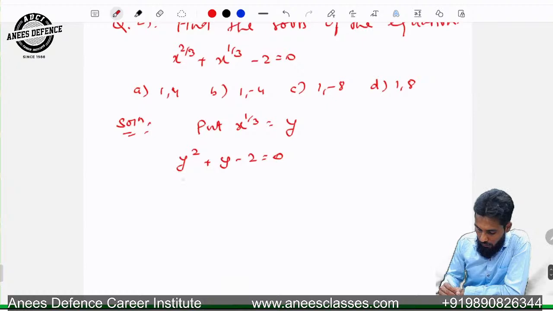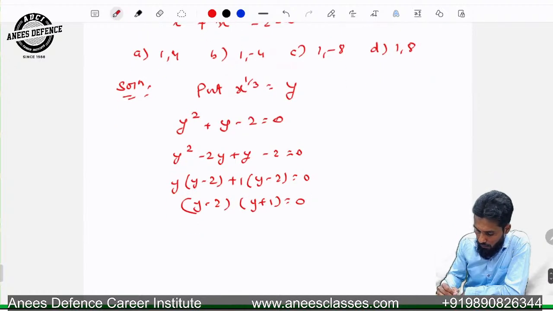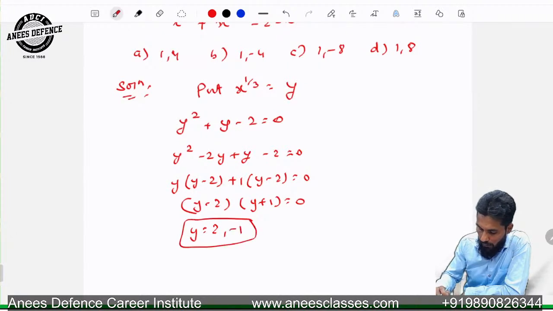So which will be the two roots here? You can write like this: minus 2y plus y minus 2 equal to 0 by middle term splitting. So when you take y common, you will get y minus 2 in bracket plus 1, y minus 2 equal to 0, y minus 2 common, y plus 1 equal to 0. So you will get y equal to 2 and minus 1 as two values for y.